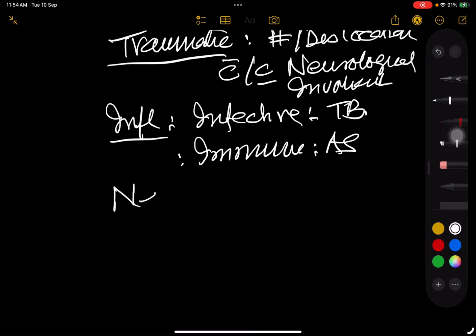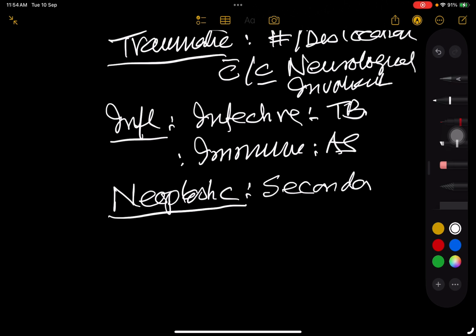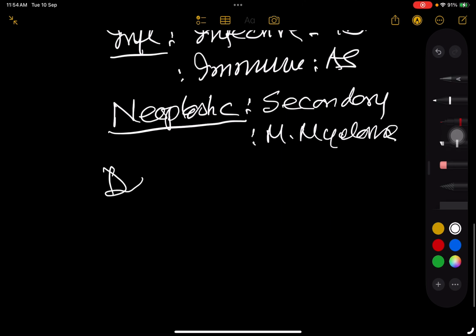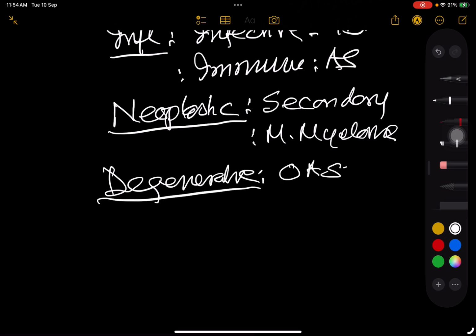Then there can be neoplastic, and neoplastic is usually benign is a eosinophilic granuloma, but malignant is a secondary or multiple myeloma. Then there is degenerative, and that is osteoarthritis of spine.